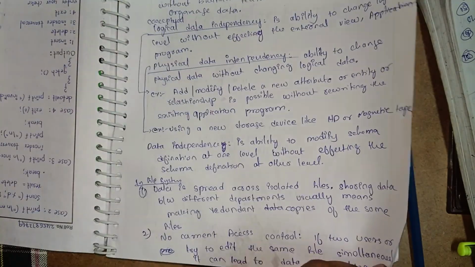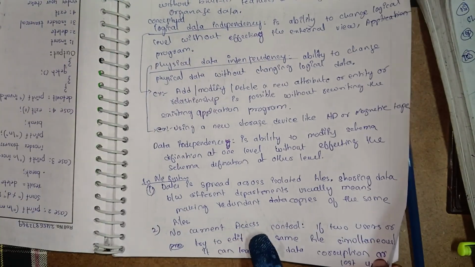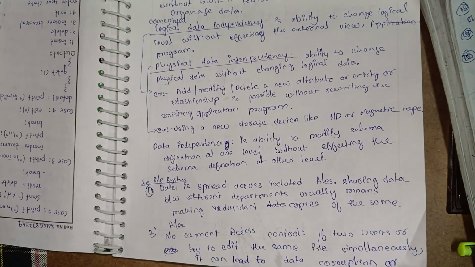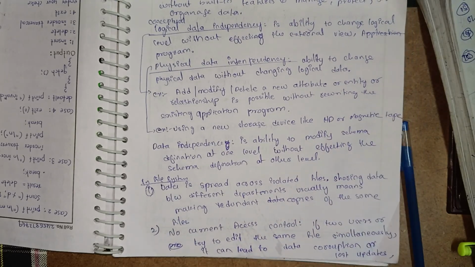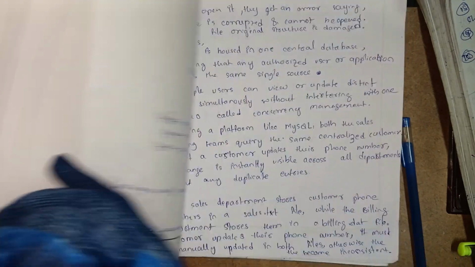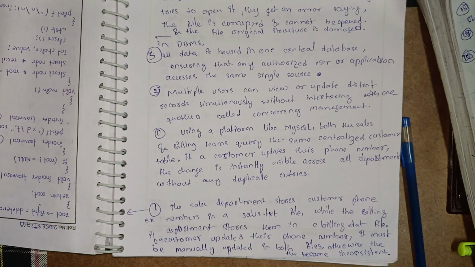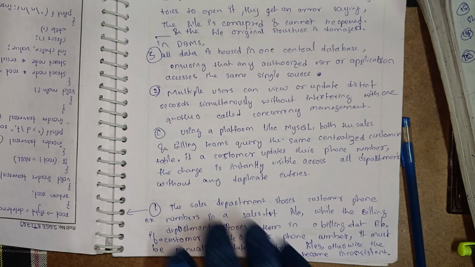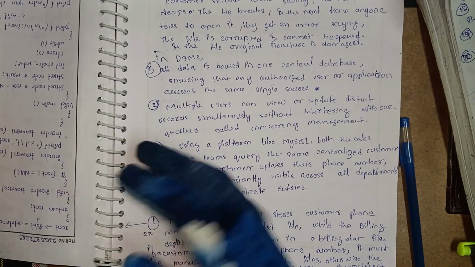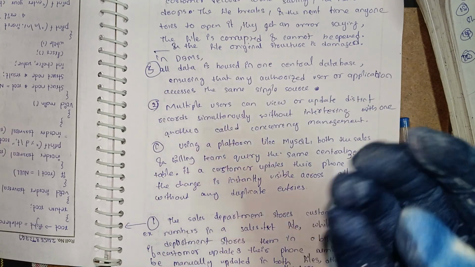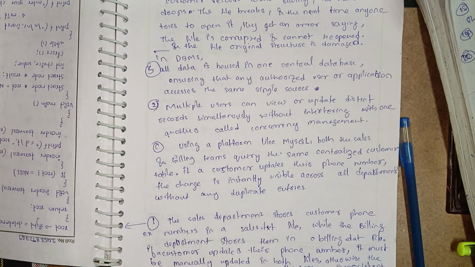In the file system we don't have concurrent control, so it results in data corruption and lost updates. If, for example, the internet fails, as we have seen in the example, then the file breaks and the other cannot be accessed.